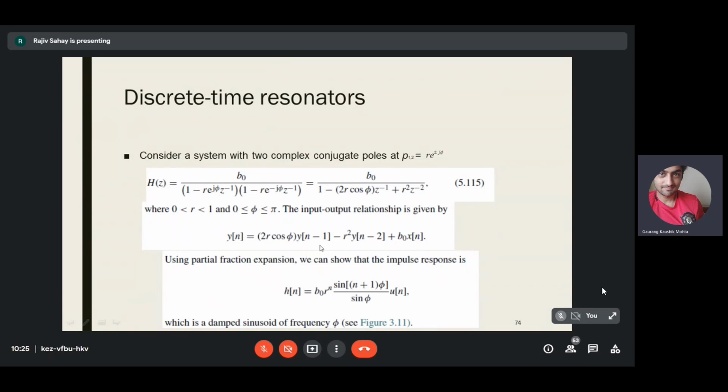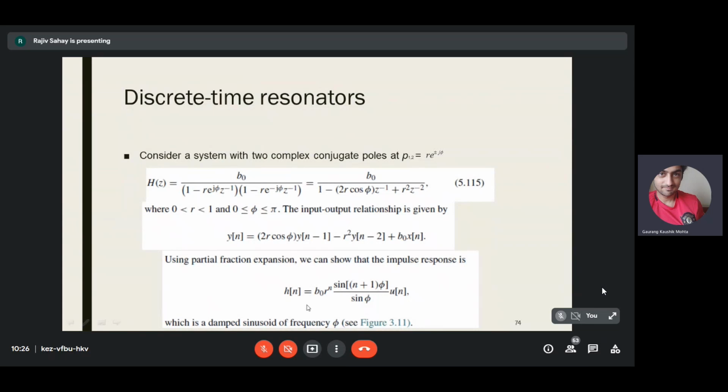If you want to take the inverse z transform of this particular polynomial, because it has two complex conjugate poles, using partial fractions you can find that the impulse response turns out to be this. Phi is a constant, so sine phi is here, and you have sine of (n plus 1) phi divided by sine phi. So this is a damped sinusoid.